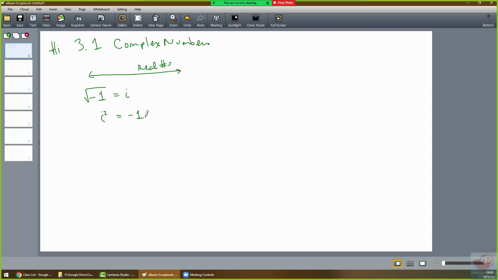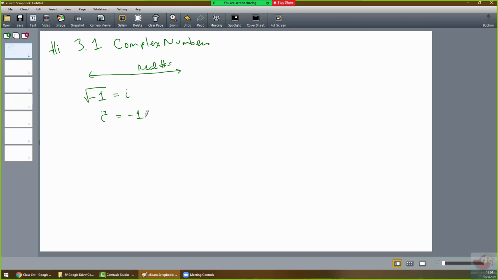Anyways, we define i to be the square root of -1. And we're going to learn in this section what you can do with i in terms of how you add, subtract, multiply, and divide complex numbers. To be very honest, what I already have on the board is all you really need.